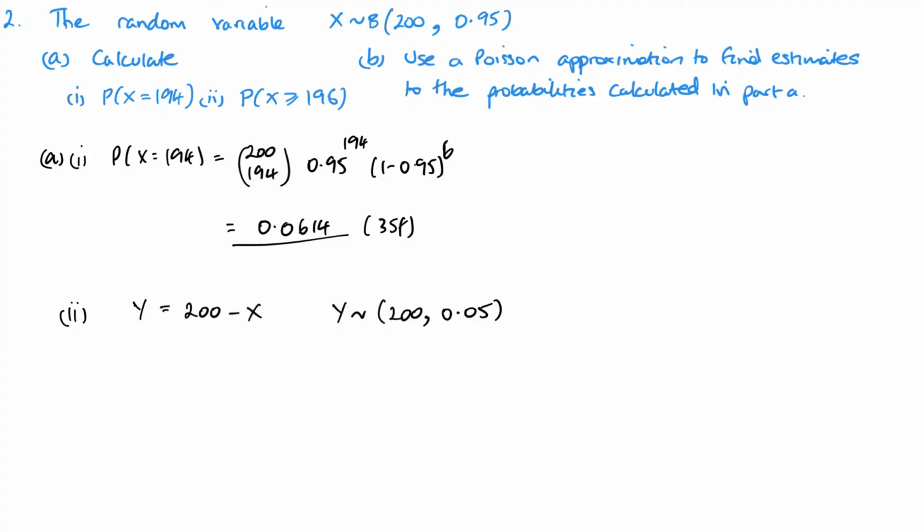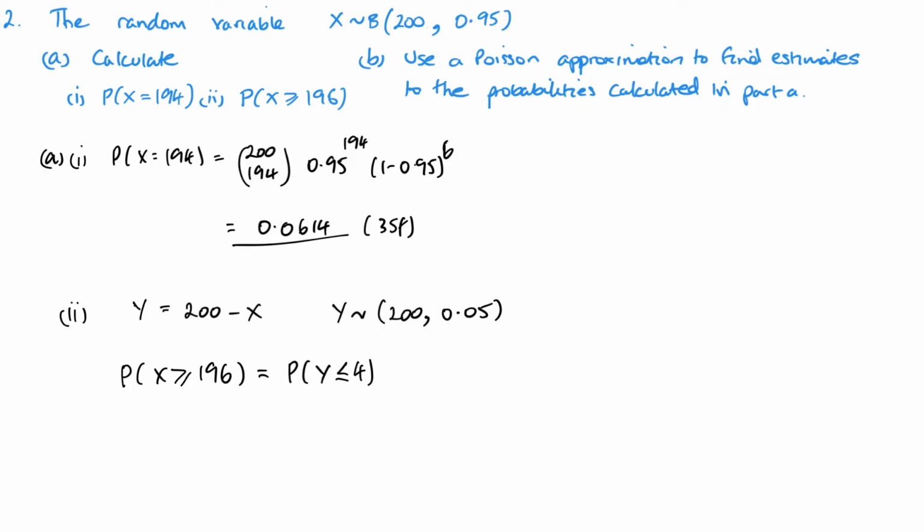Now, looking at this one then, probability when X is greater than or equal to 196, well, turning that into Y, we can quite clearly see that Y is therefore going to be less than or equal to 4, because all we're doing is substituting this 196 into here.